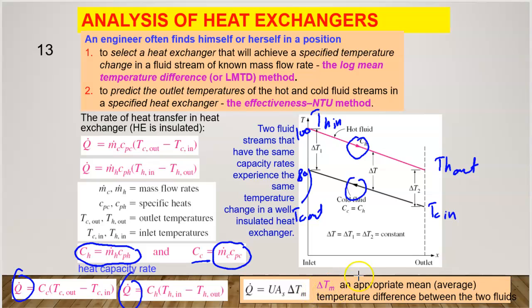This is the appropriate mean temperature difference between the two fluids.